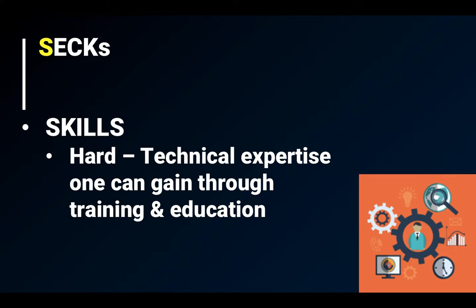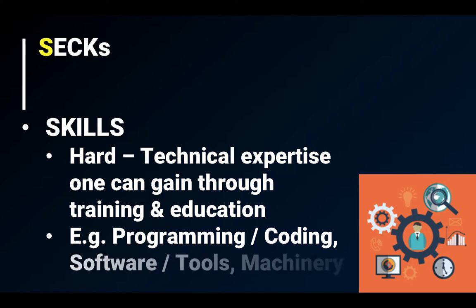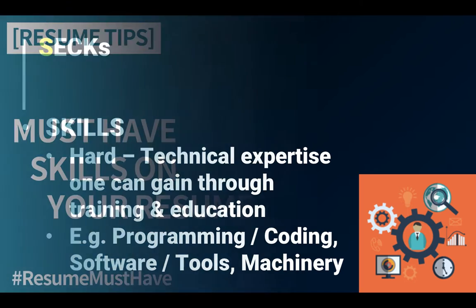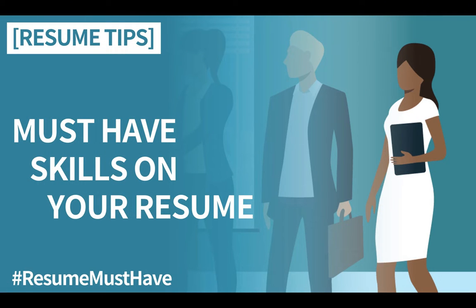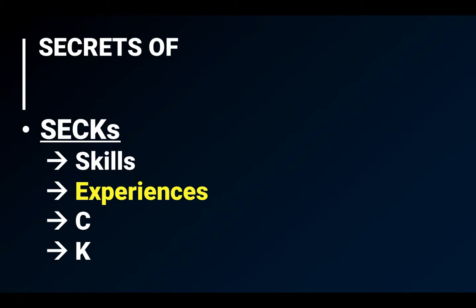So I'll have another video explaining the difference between hard versus soft skills, but this is the gist of it. So for example, this would be your skills in programming languages or coding, or if you know how to use certain software tools or even machinery as well, this would be considered hard skills. And if you're wondering about what kind of skills you must have on your resume, I have a whole video explaining that.